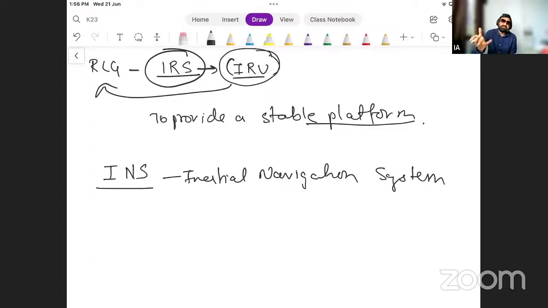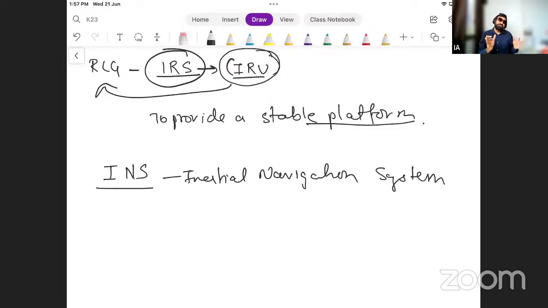It means it is a system that derives its own data by itself with respect to aircraft parameters. No external input is required. So this gives us a self-contained independent system used for checking and noting navigation parameters so that we can use it for autopilots, for flight director systems, and for manual flying as well.